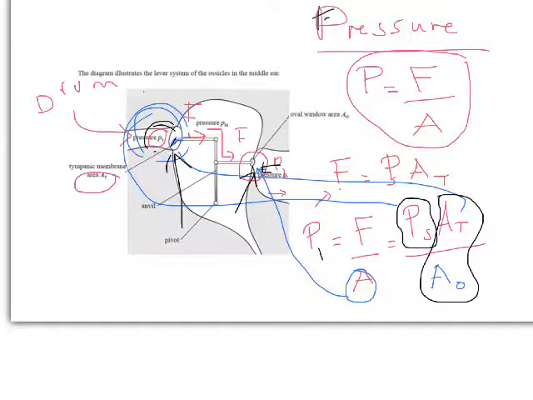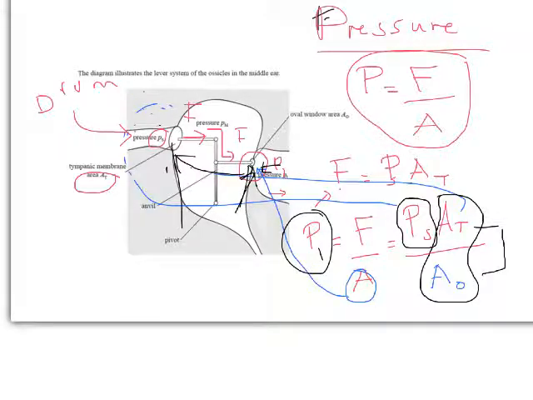So we have here a massive difference in areas. So if we try and make that ratio of this area to this area as big as possible, what we're going to do is magnify the pressure. So that's how this works. Firstly, we have a force magnification, and then we have a pressure magnification. And the pressure magnification is because of the difference in the areas.